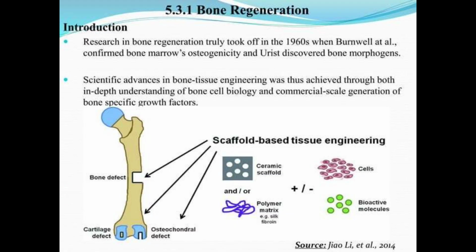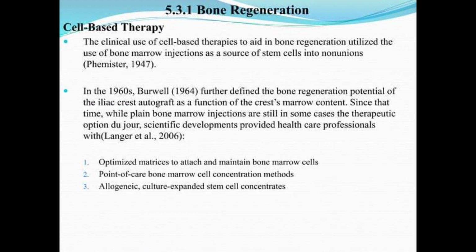And bone regeneration. A scaffold is used when bone is defective or bone damage is done. Scaffold based tissue engineering is capable of treating this. Optimized cells are attached to the maintained bone marrow cells. Allogenic cultures are expanded and utilized for the treatment procedure.